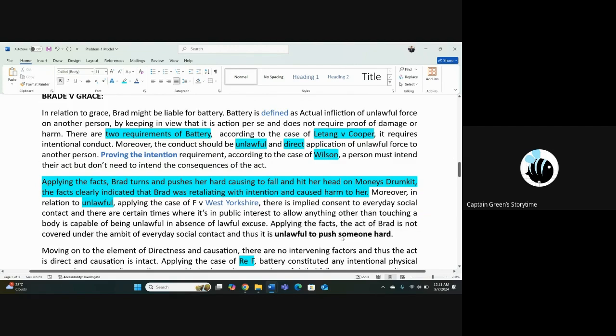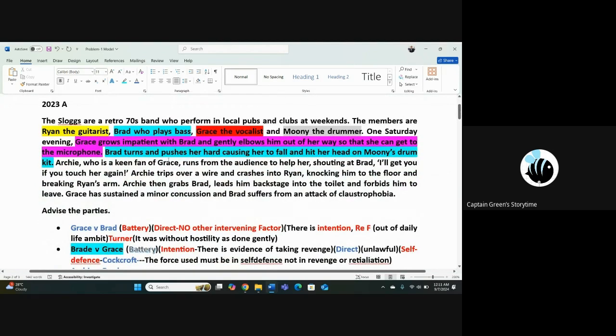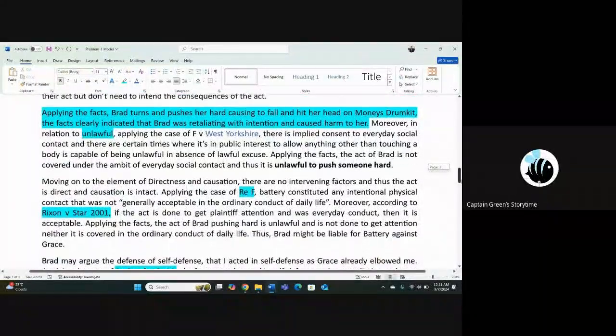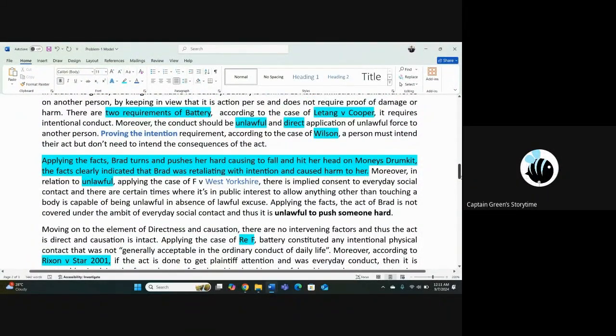Applying the facts, that case is not applicable just because the act of Brad is not covered under the ambit of daily life contact. Going again into the facts, Brad turns and pushes her hard. Thus, that case is not applicable just because it is outside the ambit and it is unlawful to push someone hard. Thus, he would be liable for battery.